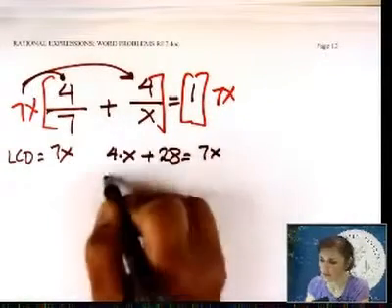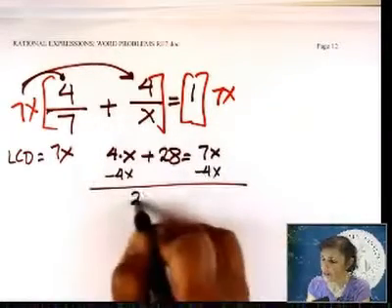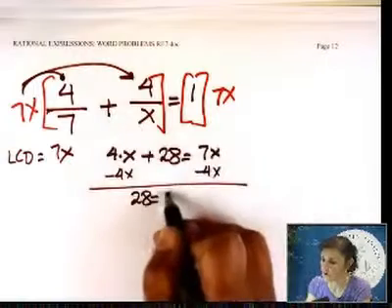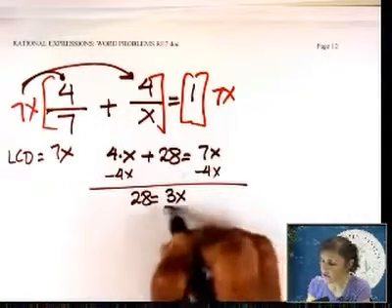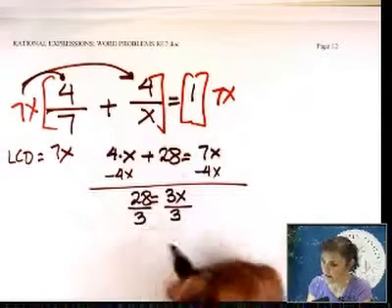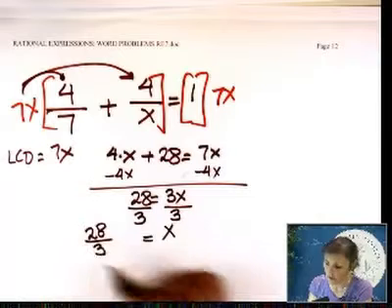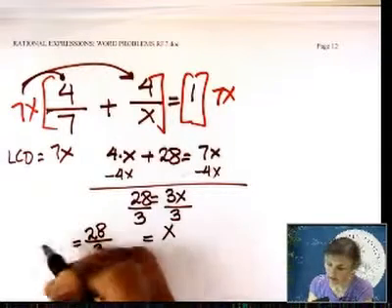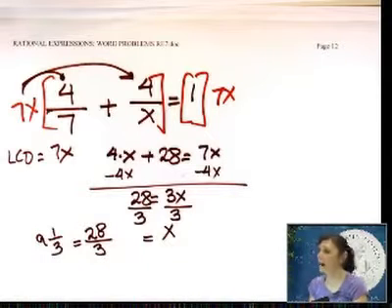Let's just solve this equation. You have 28 equals 7X minus 4X, 3X. And let's divide everything by 3. X equals 28/3, which is the same as 9 1/3. Well, 9 1/3 what?